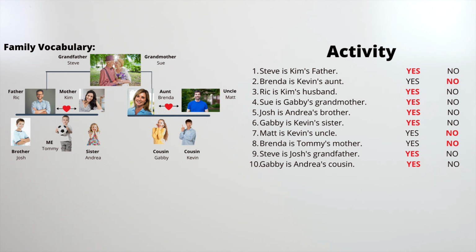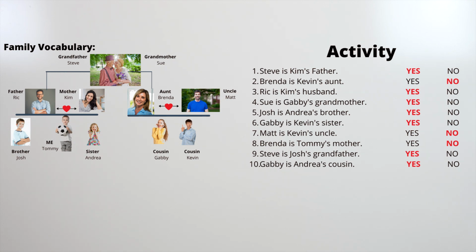Yes. Number 4, Sue is Gabby's grandmother. Answer, yes. Josh is Andrea's brother. The answer to number 5 is yes. Number 6, Gabby is Kevin's sister. Answer, yes.